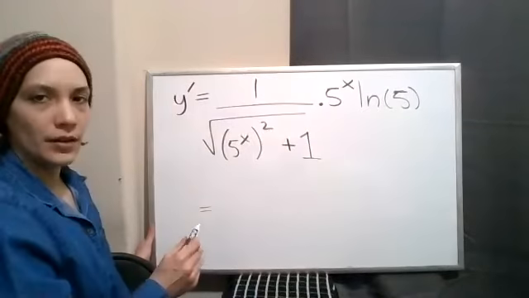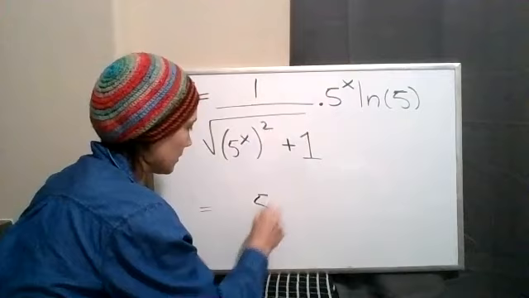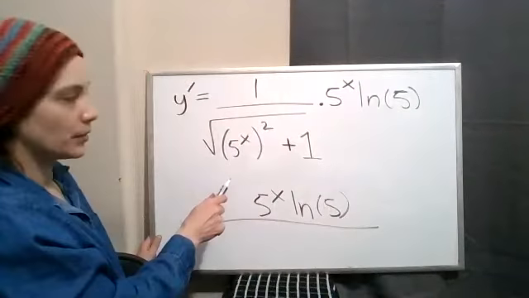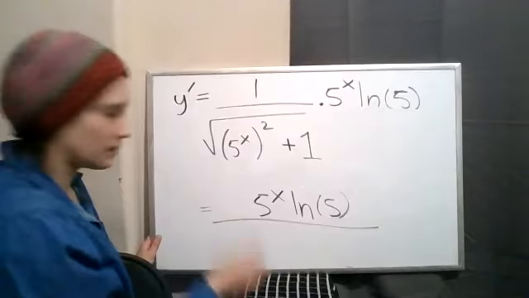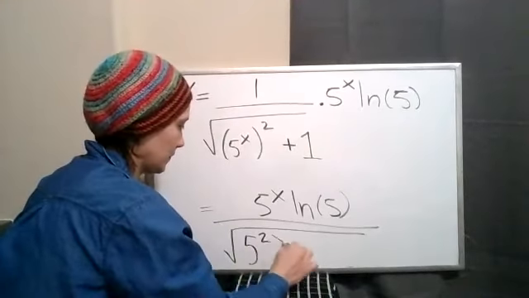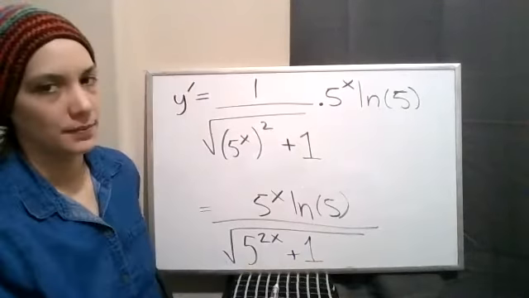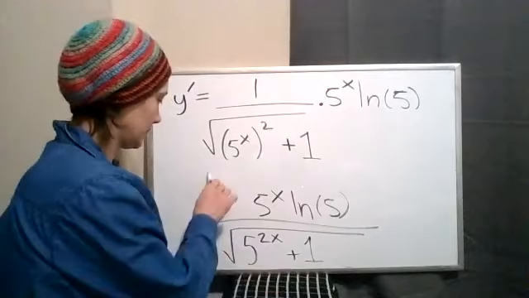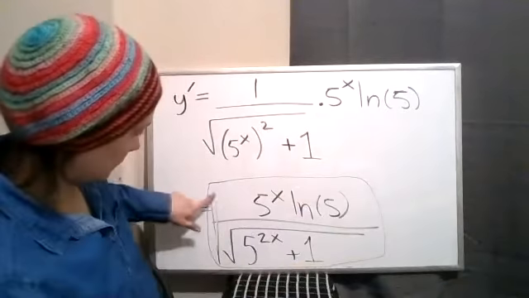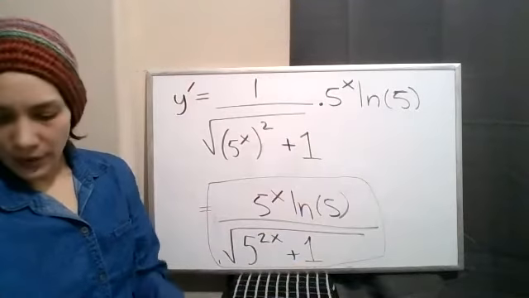This is 5 to the x times ln of 5 over the root of 5 to the power 2x, and then add 1. Next example we're going to do.